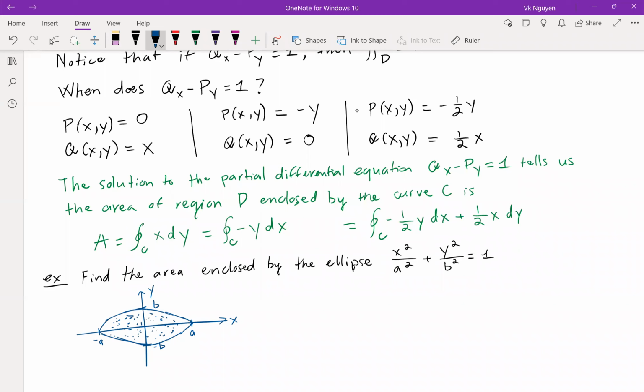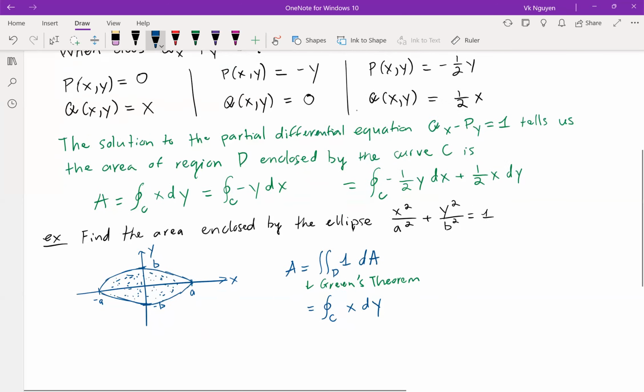Okay, so it looks like the area is the double integral over the region D of 1 dA. Fortunately, from the Green theorem, we have this to be either one of them, doesn't matter which one: the line integral over the curve C of x dy.